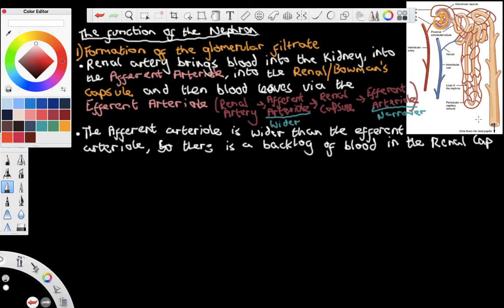Now, during this time, while the blood is pooling in the renal capsule, water, glucose, and mineral ions are squeezed out of the blood to form what's known as the glomerular filtrate. Okay?